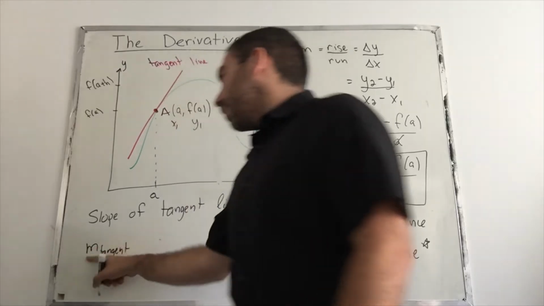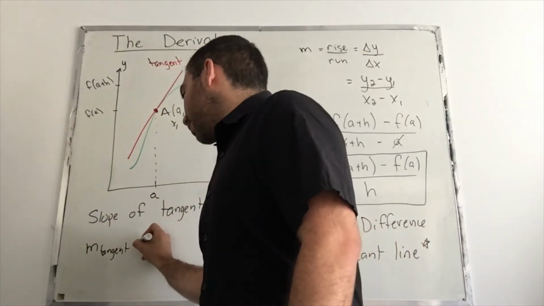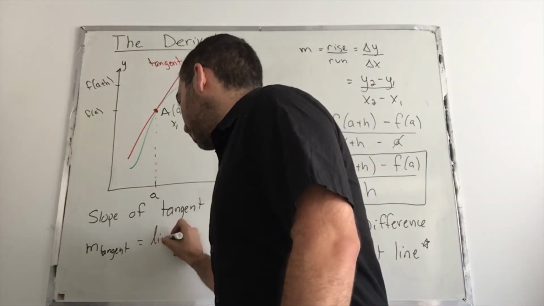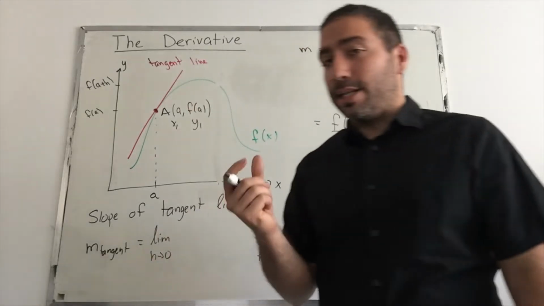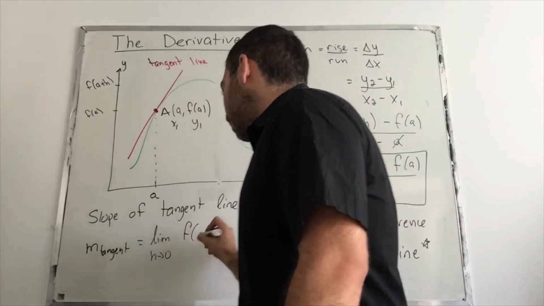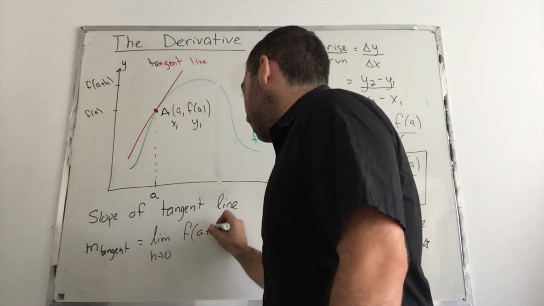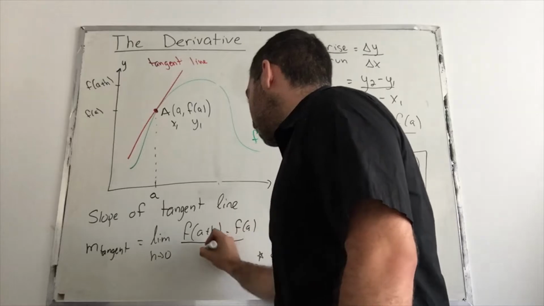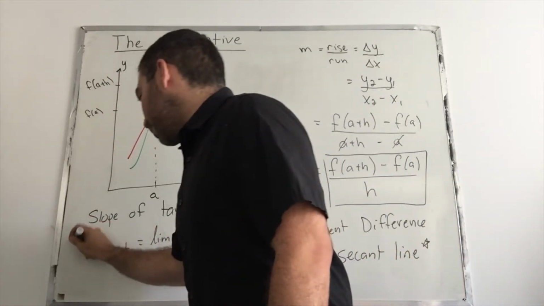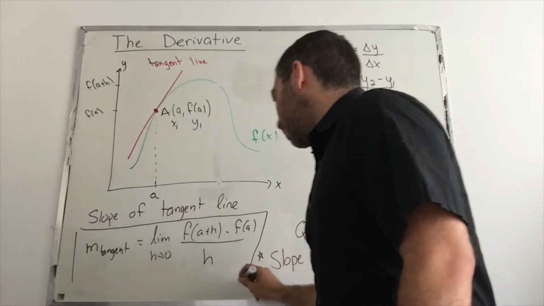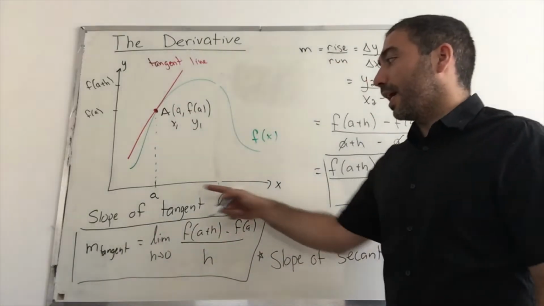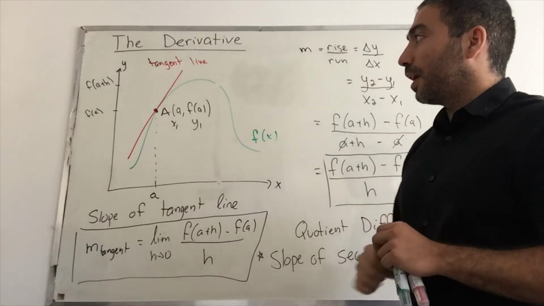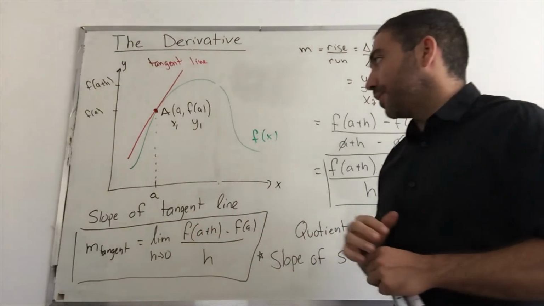The slope, we'll use the letter m to denote the slope, and we're talking about the tangent line, not the secant line. And it's the limit as h tends to 0, so as h gets really small, of the difference quotient, f of a plus h minus f of a, all this over h. Okay, so this is our definition. So this is the slope of a tangent line at a given point a, at specifically a. And this is our job. We're going to go ahead and solve for this using our limit definition.